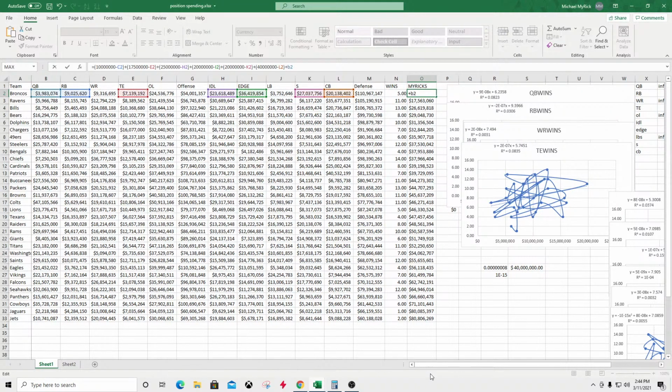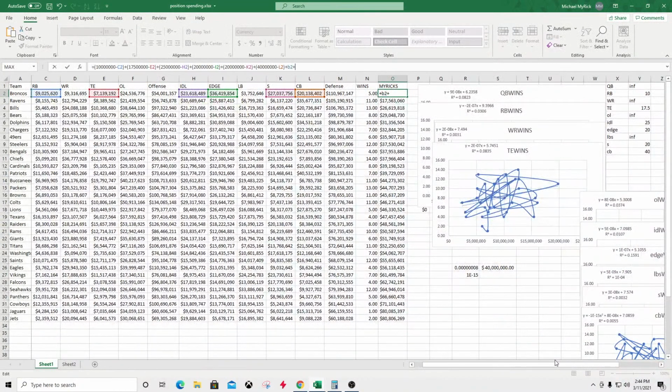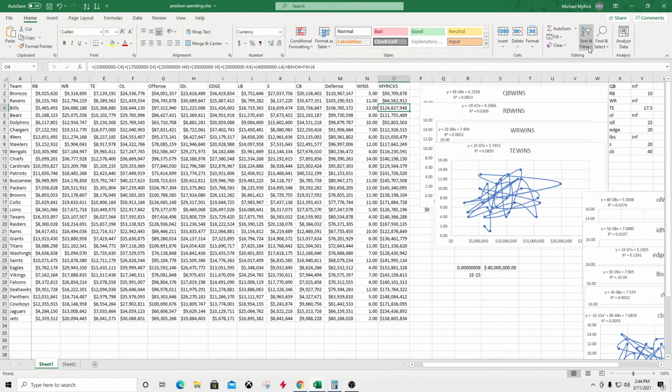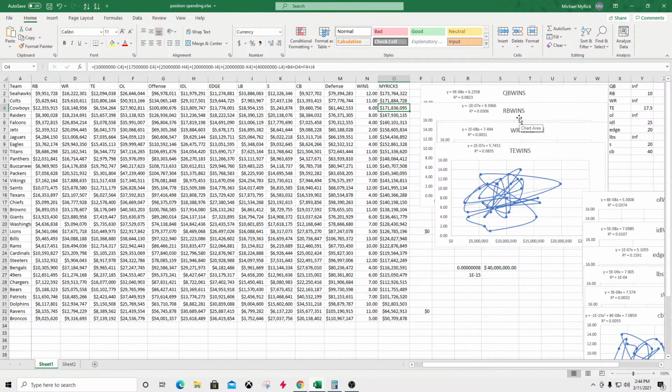Plus B2, plus D2, plus OL2, F2, plus J2. Oh, I did not want to see the Cowboys there, because the Cowboys overspend everywhere.